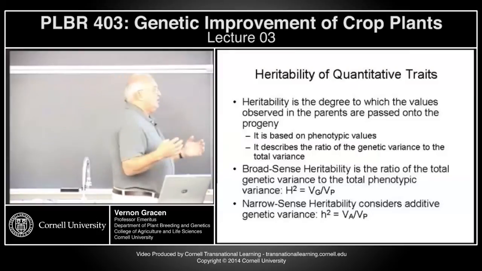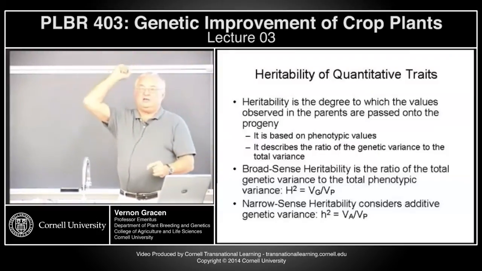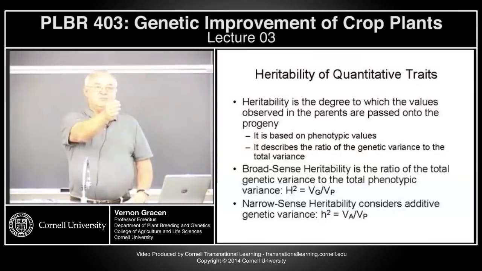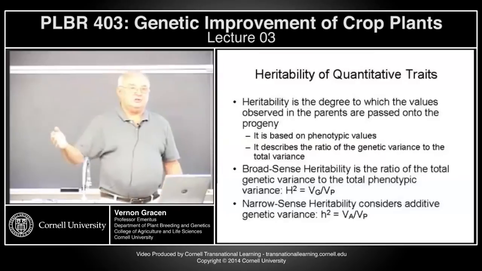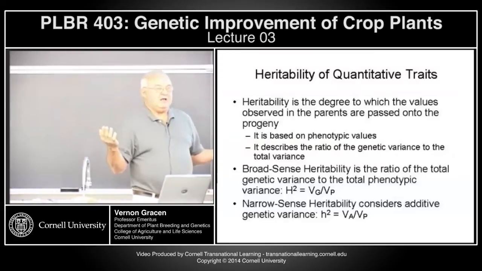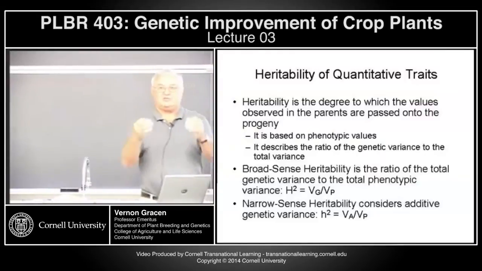Basically, genetically uniform populations give you a measure of the environmental variation, because you can grow out a pure line variety and determine the amount of variability and say that's environmental.